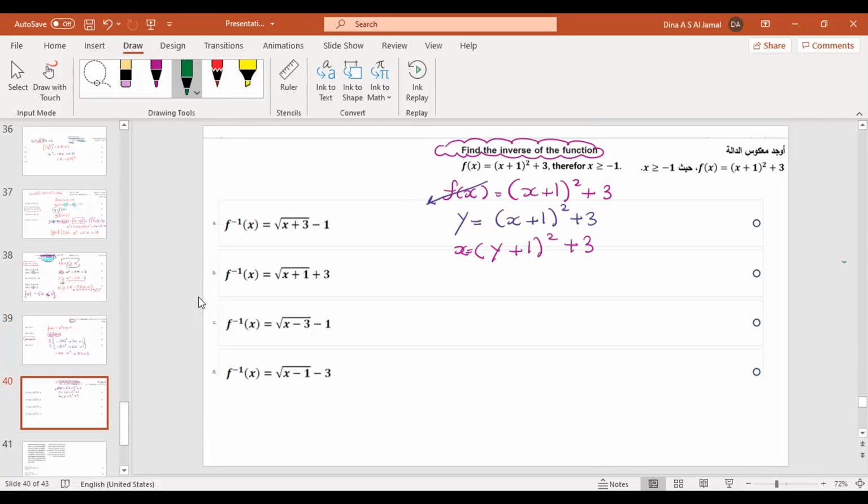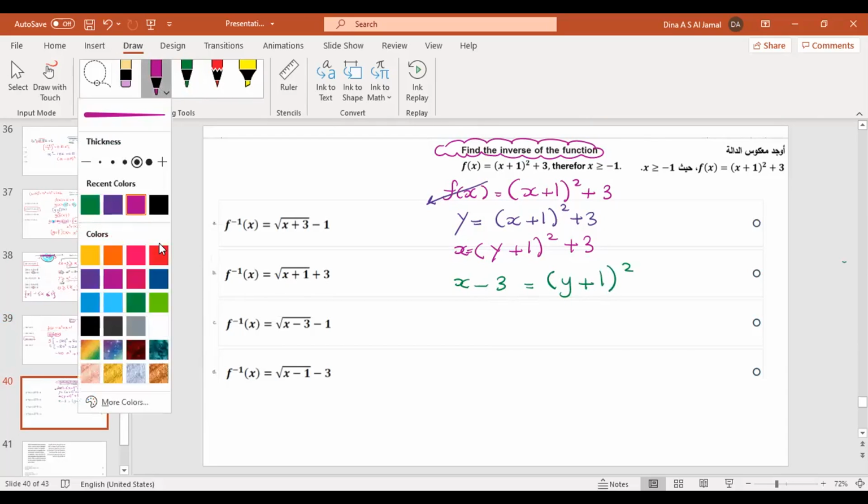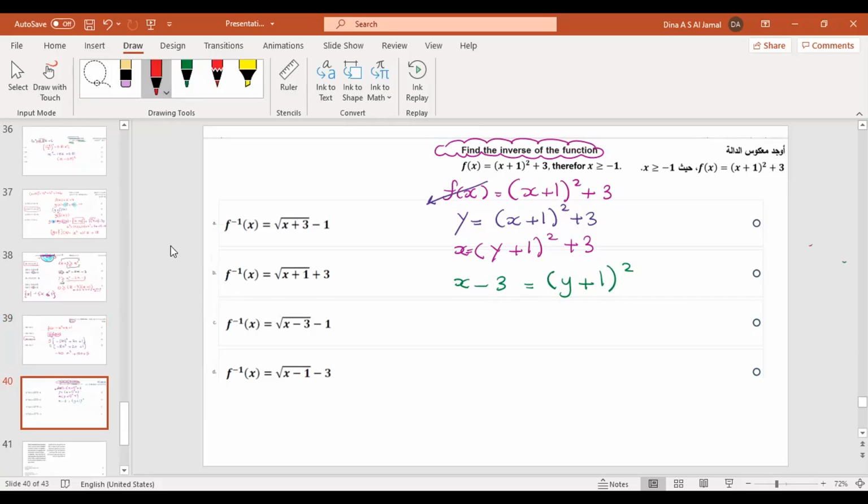So you will be moving the 3, it will be minus 3. Then it will be on this side (y plus 1) all squared. Now if you would like to find y, just let me change the color. Yes, you should take the square root.